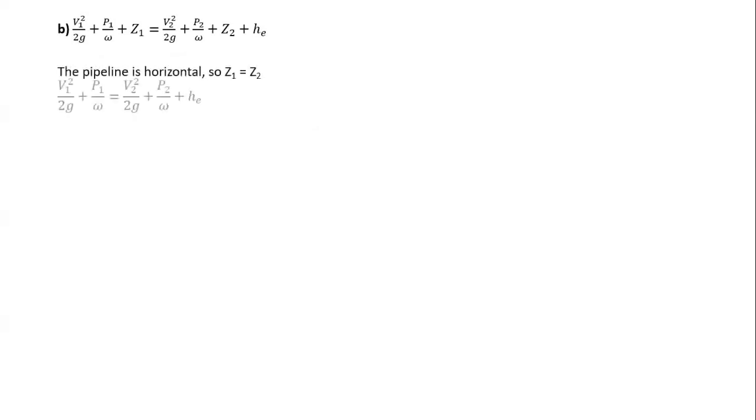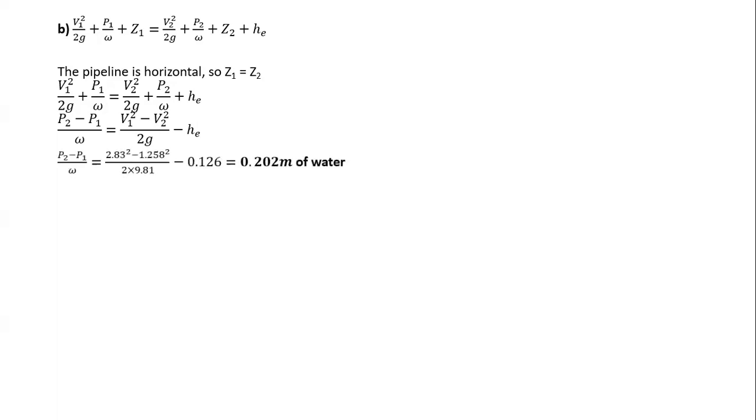Then let's apply Bernoulli's equation. This is the horizontal pipe, so Z1, Z2, they are out. We can cancel them out. Then we include the head loss due to sudden enlargement. So with this, we can just go ahead and rearrange the formula, P1 minus P2 over omega, then that one.